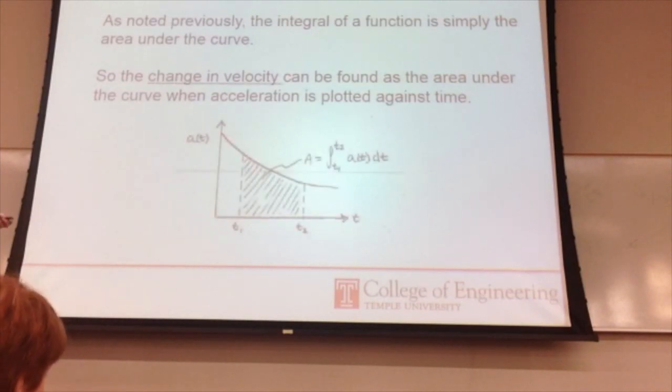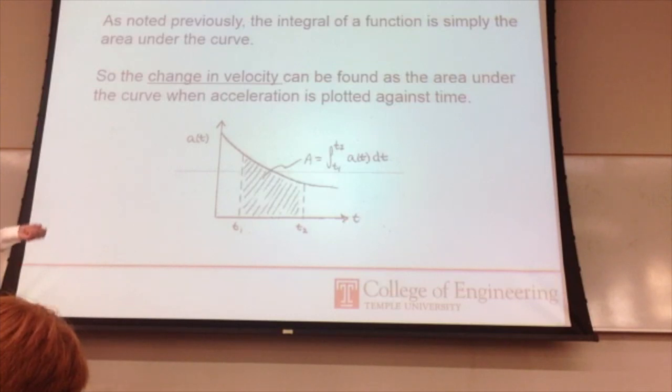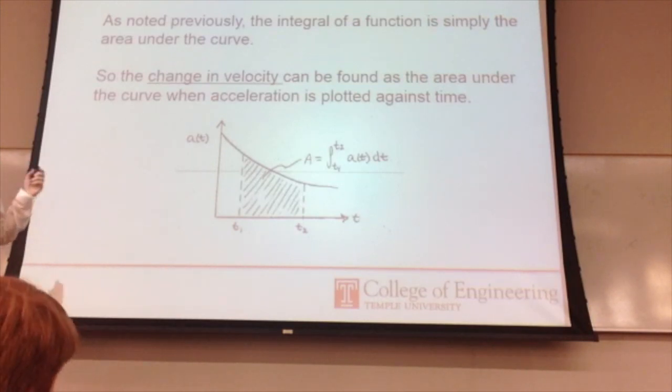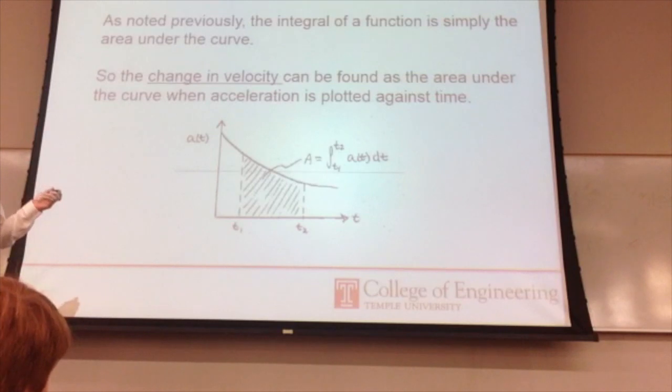So if you plot acceleration, the area under that curve is the integral of acceleration, which is the change in velocity with respect to time. So if you have a simple function, you may not need to go through the integration. You might be able to use the plots, figure out the area under the curve, and that's going to give you your answer. But you need to understand the integration because lots of functions aren't simple enough to solve graphically.